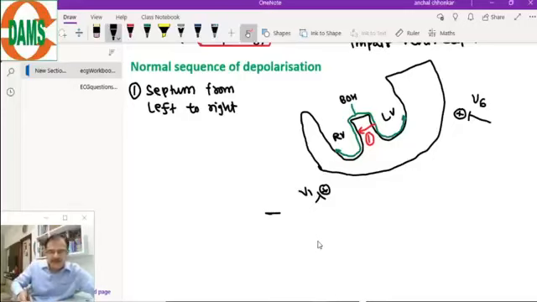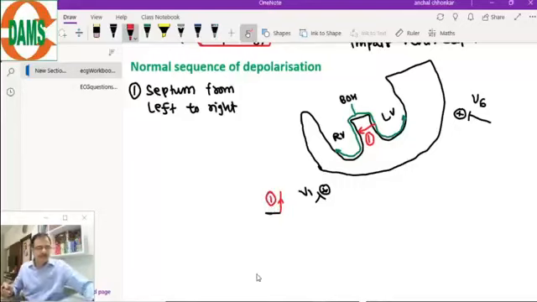So in V1, the number one event of ventricle depolarization will be seen as a positive deflection. The needle will deflect positively because the current is going towards V1.